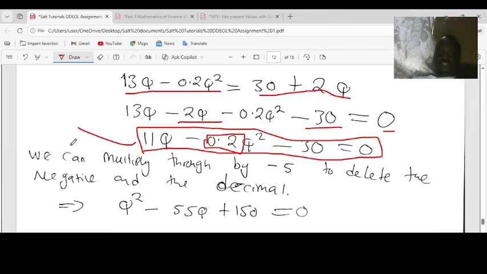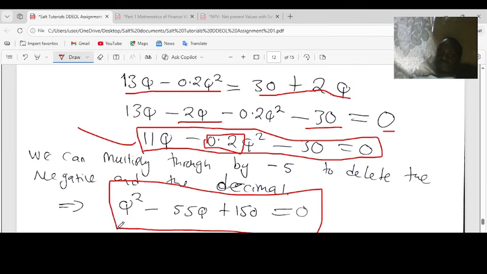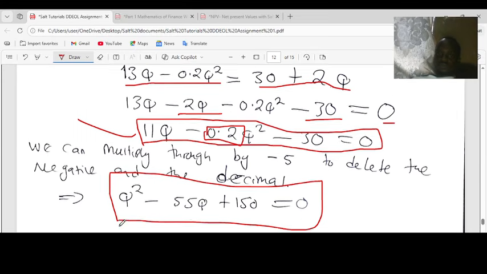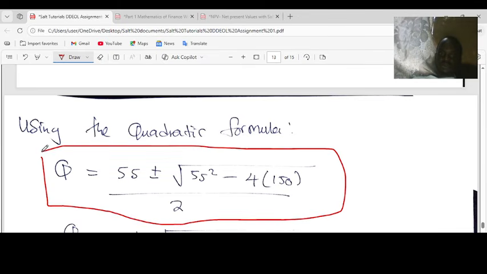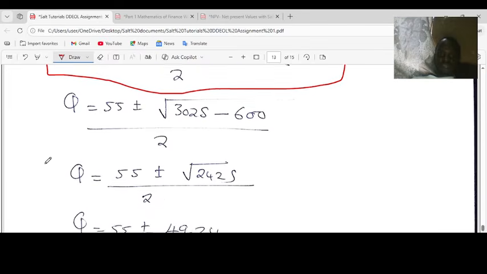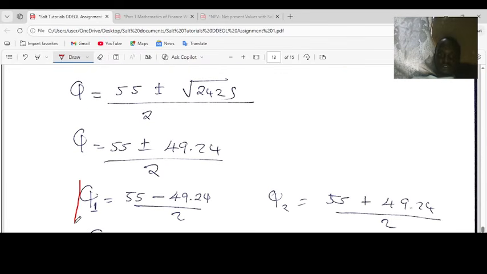If you wish, you can skip this and go directly to the formula method using this equation, where this will be your A, this your B, and this your C. But since I multiplied by negative 5, I have a new equation to solve for Q. It's just up to you. I'm sure we know how to use the formula method: replace everything in the formula to solve for Q. You have your calculator and you now have two values of Q.